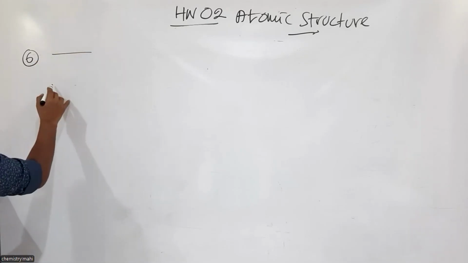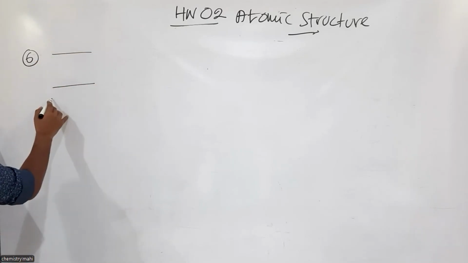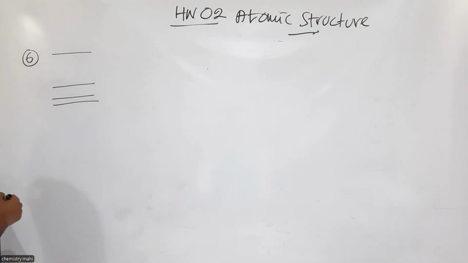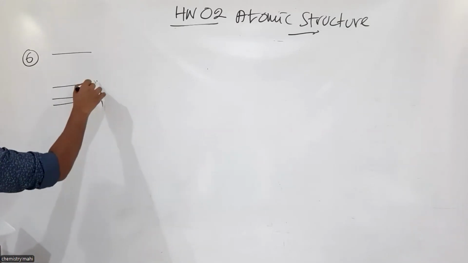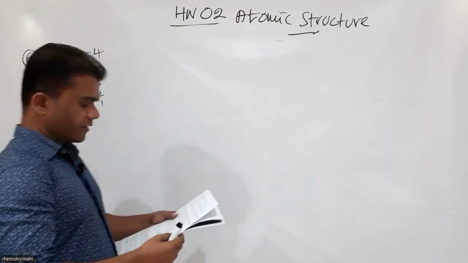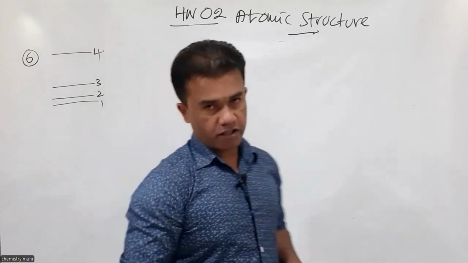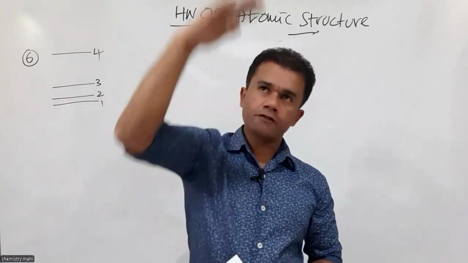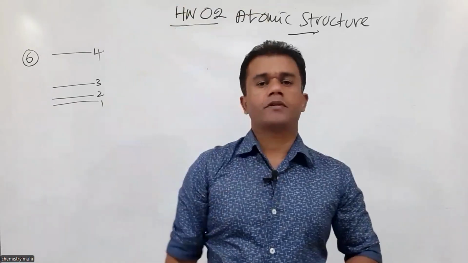Here n equals 4, you see n equals 3. Now the gap increases. We refer to the given one. This is 1, 2, 3, and 4. These are the energy levels. As drawn, which quantum numbers are involved in the transition that requires the most energy? For the most energy electron transition, we have to find the largest gap.